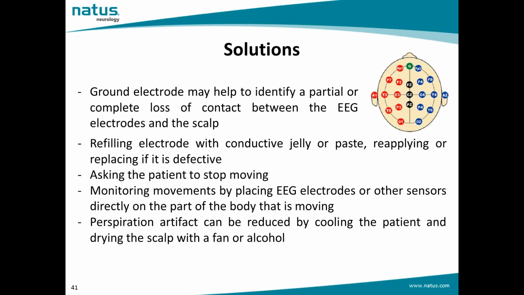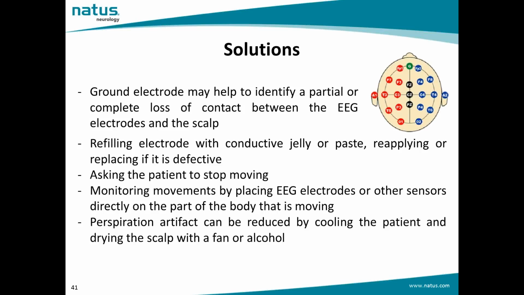A partial or complete loss of contact between the electrode and the scalp at the amplifier input results in an output reflecting only the difference between the remaining input with the intact electrode contact and the ground of the amplifier. If a ground electrode has been placed on the patient, then the output of the amplifier will reflect the potential difference between the patient ground and the electrode that still has good scalp contact.